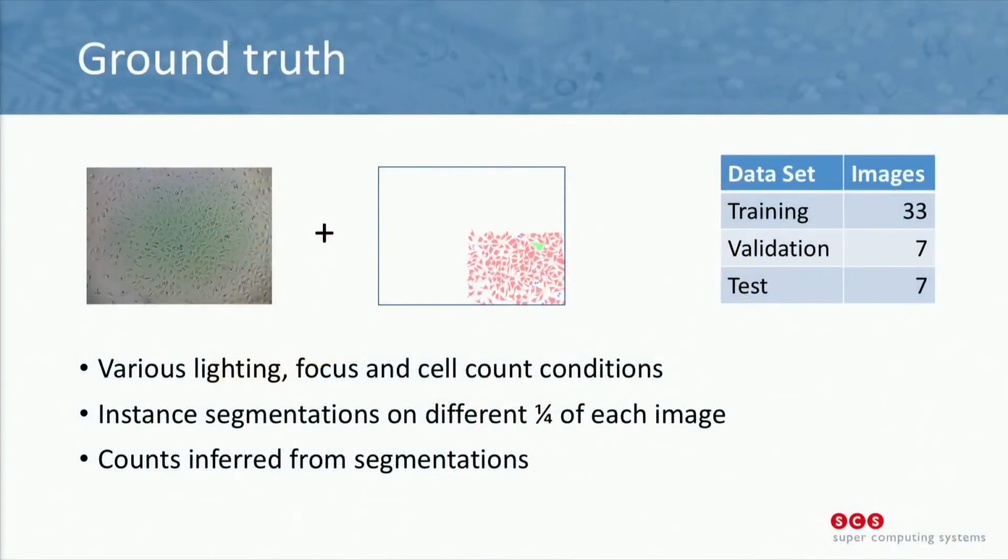And from these segmentations, we could also infer the cell counts that we actually want to come up with in the end. We didn't have a large data set, I have to admit. We had 33 training images, 7 validation images, and 7 test images. But we thought this problem is not that hard in terms of machine learning, and we should be able to work with that.